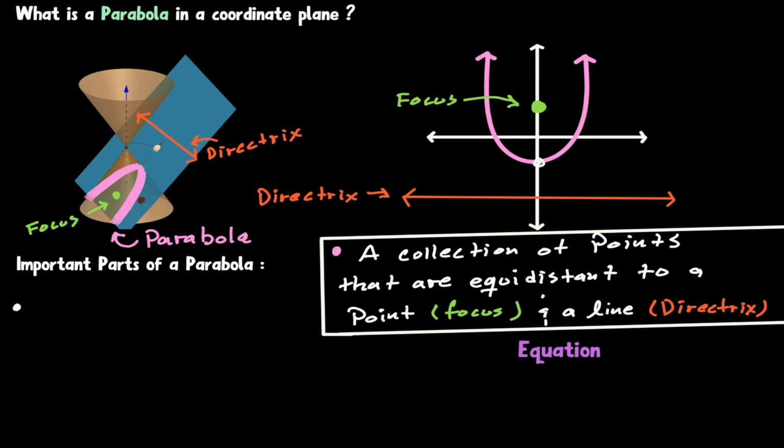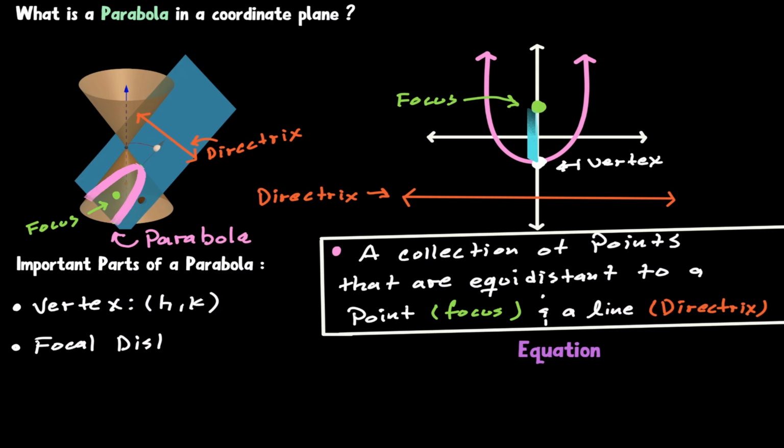The location where we are changing direction is what we call the vertex of our parabola, and it's always important to know its location. And the location, we will always represent it with a coordinate point. Let's call that location h, k. And the distance that we obtain from the vertex to the focus is what we're going to define as the focal distance, and we use the letter p to represent that distance.